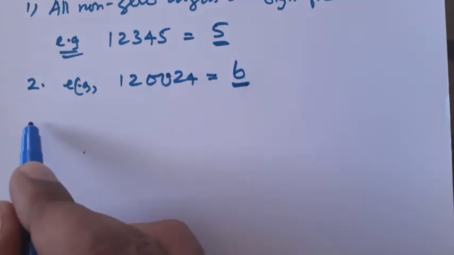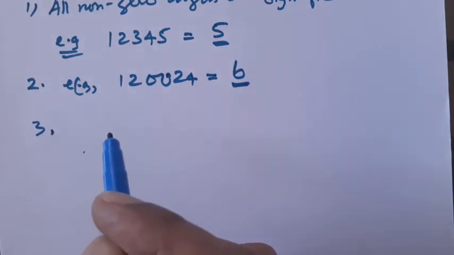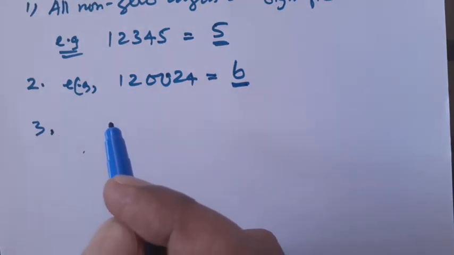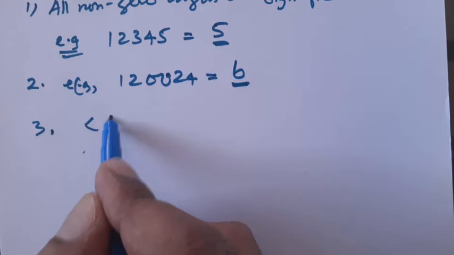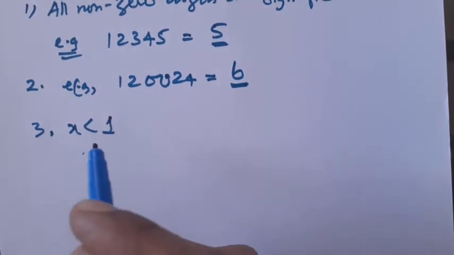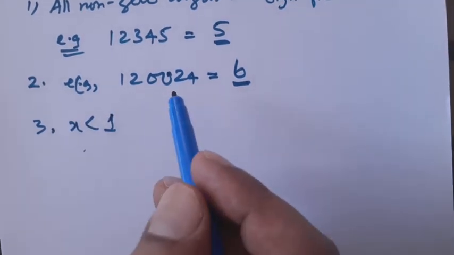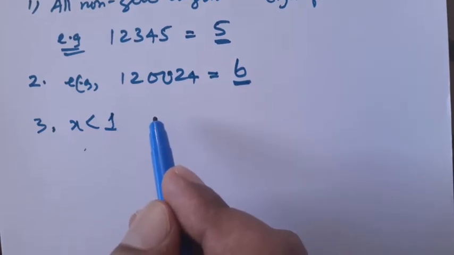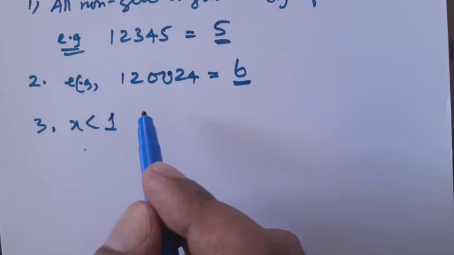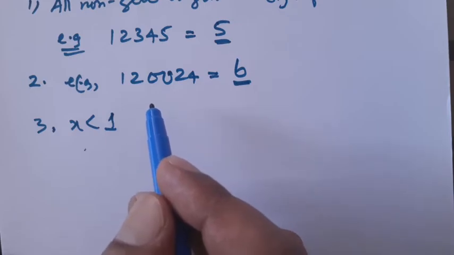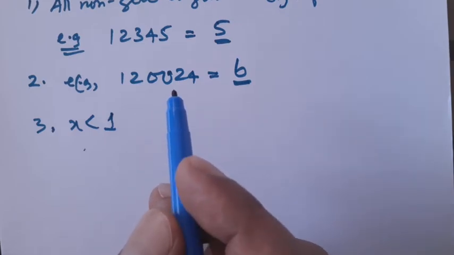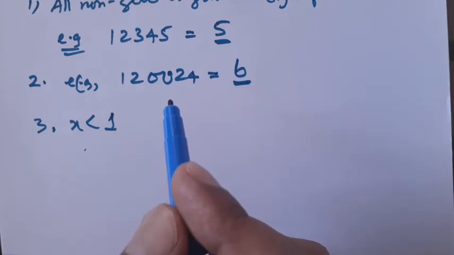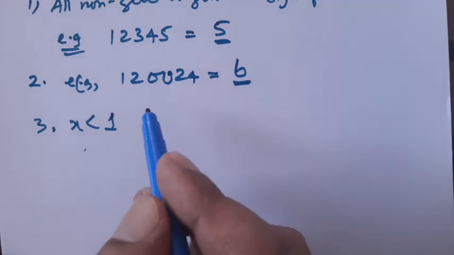Rule number 3. If the number is less than 1, the zeros on the right of the decimal point but to the left of the first non-zero digit are non-significant.